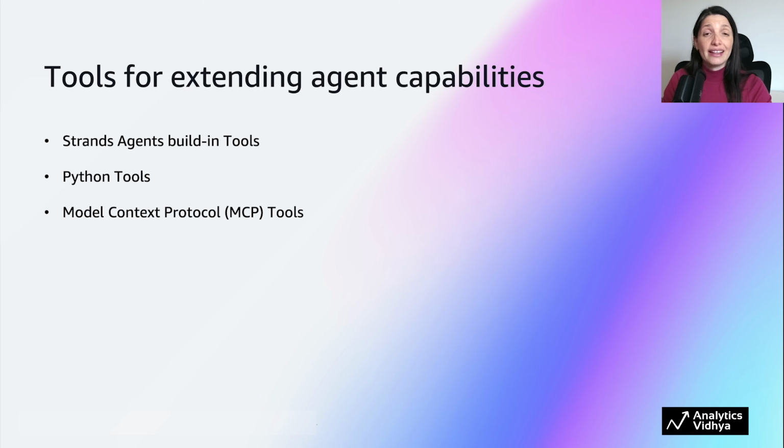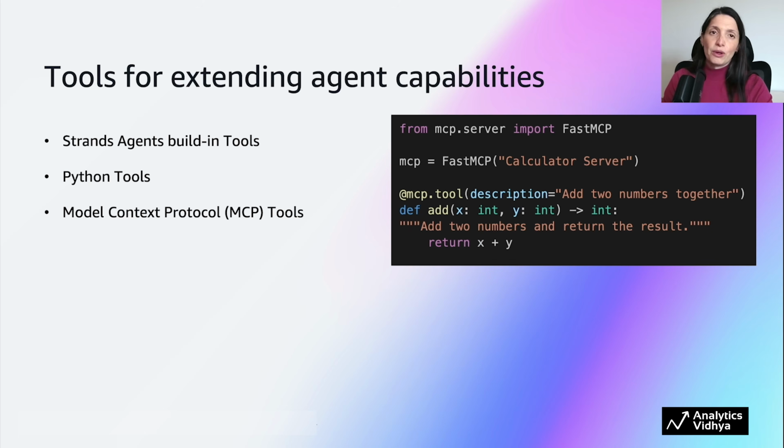You can create your own MCP server to extend agents' capabilities. Here is a code example of a calculator MCP server. In this example, we use FastMCP to create an MCP server. And FastMCP is a Python framework that simplifies building MCP servers and clients.